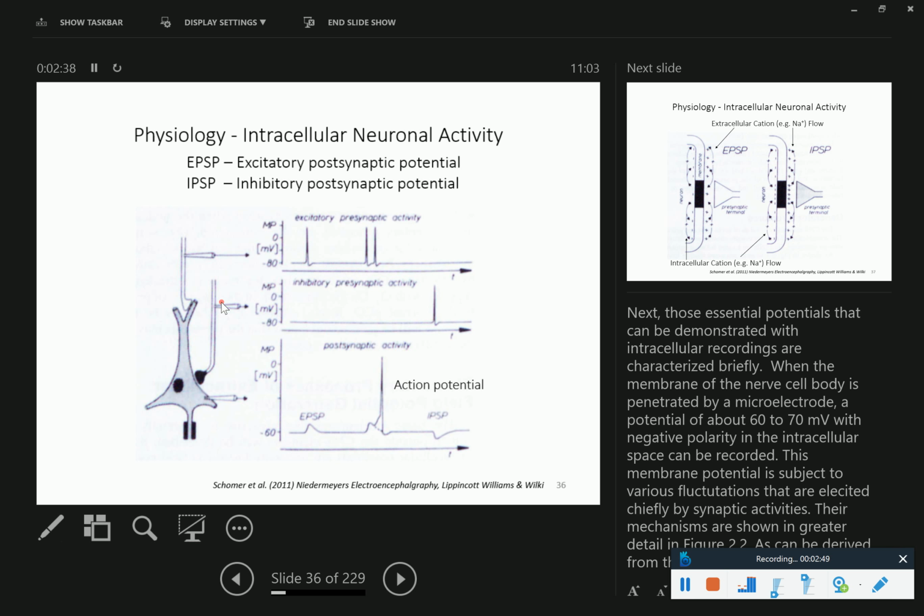And this here shows an experimental setup.